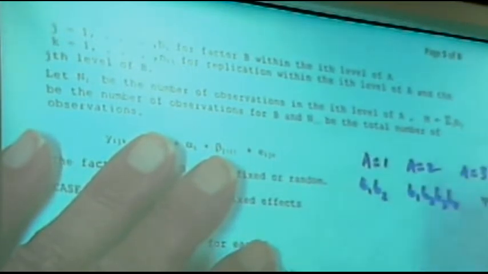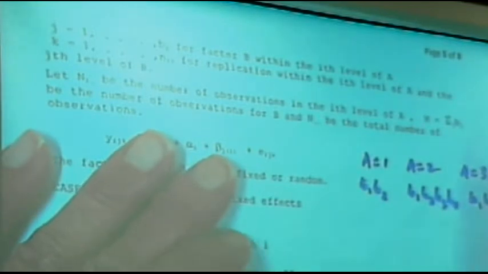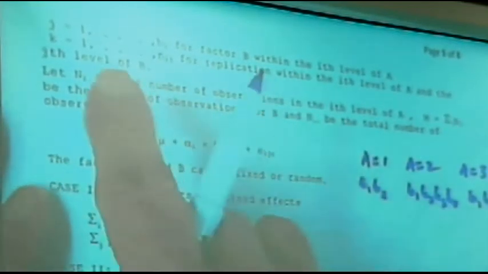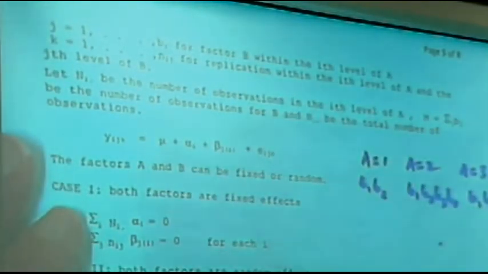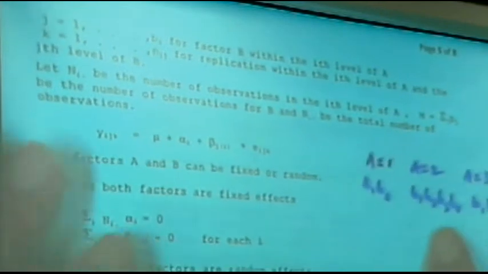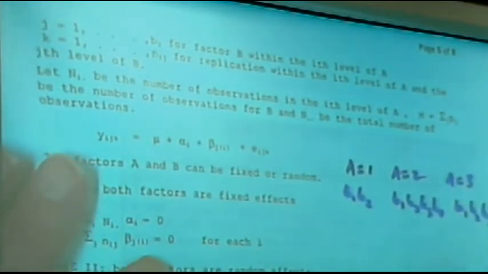And maybe you have something like B1, B2, B3 when A is 3. So the point is that in the notation, it's indicating that we can have different numbers of B's in the differing values of A. Okay, so this is where it started to become unbalanced.